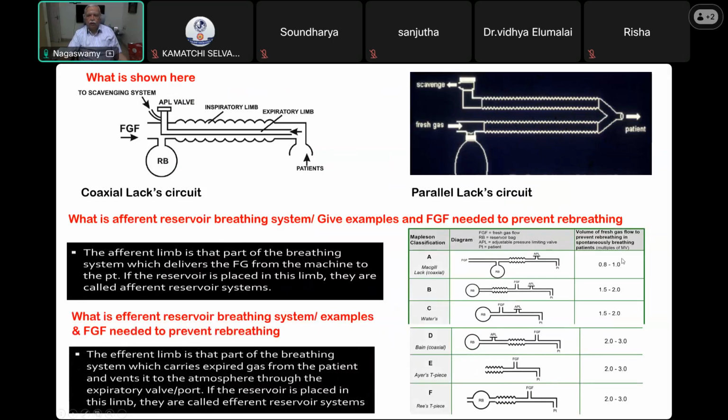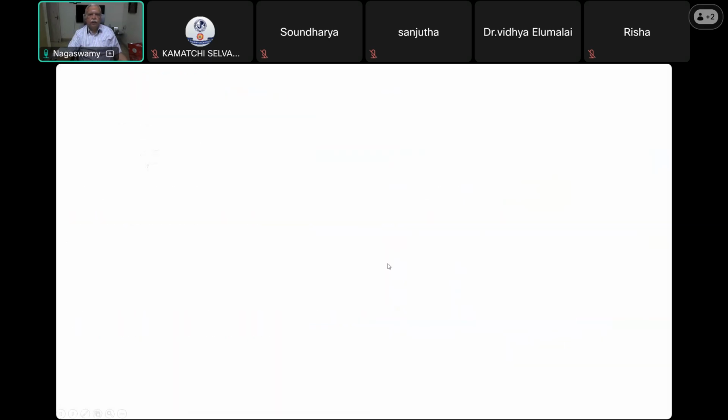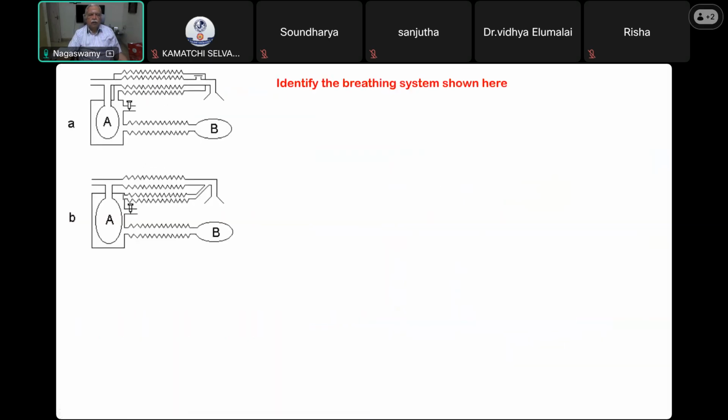The volume of fresh gas flow required will vary based on this particular classification. That is the importance of this. Now identify the breathing system shown here. This is an enclosed afferent reservoir system. As you can see, the reservoir bag is in an enclosure, and one limb is directly connected to that.